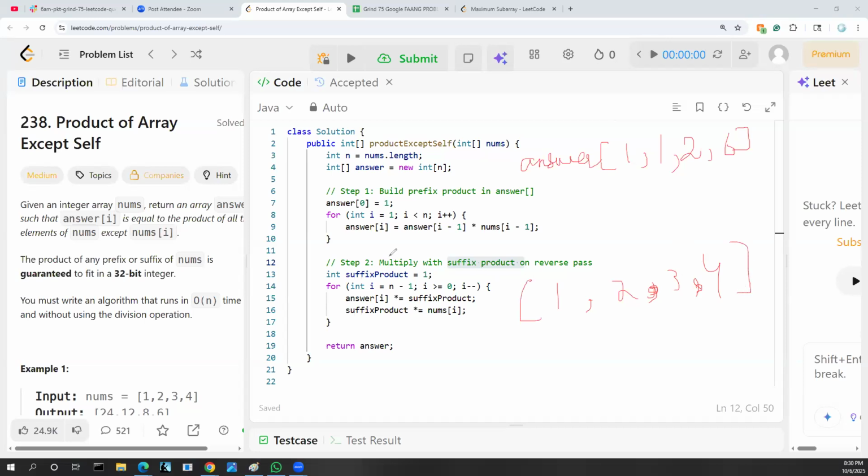As I say, my suffix should always initiate from the right side. Just like we did for prefix, we increase our window. For suffix, we have to increase our window as well, right? And that is the only way we can multiply it, because whenever our window increases, that's the number that we include. So we want to include the minimum number.